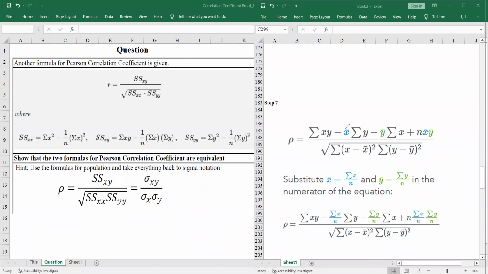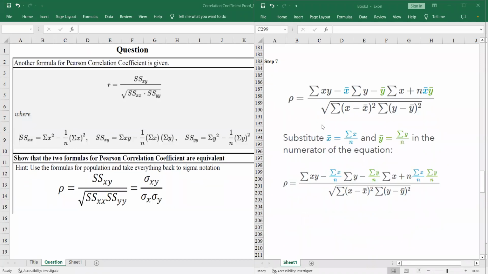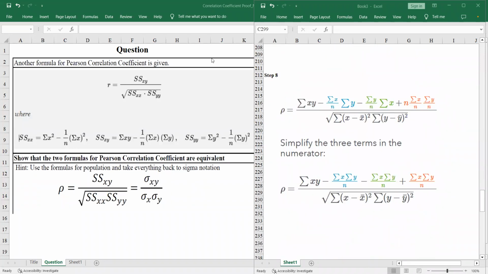In the next step, x bar and y bar follow the formula of the mean. X bar is equal to summation x over n, and y bar is equal to summation y over n. So just replace x bar and y bar with this formula. Once we have this, we can see a simple product: summation x over n into summation y, which is the same as writing summation x into summation y, whole divided by n.